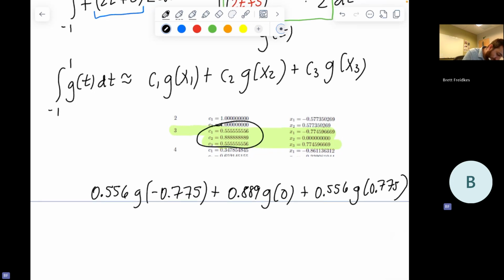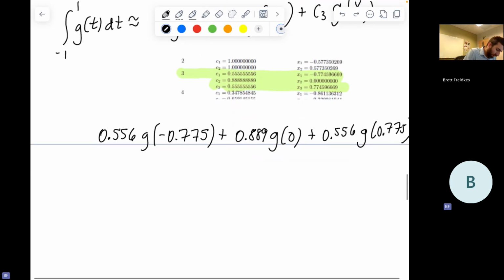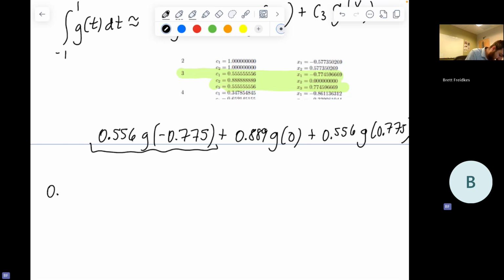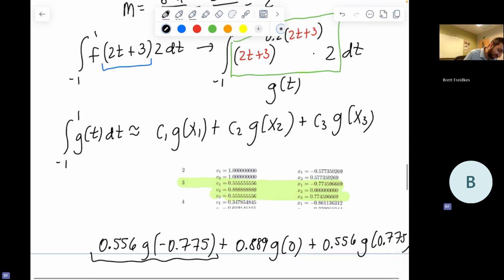Again, that is just coming from these values here for 3-point quadrature. Just to show an example, I'm going to calculate one of these. It's going to be 0.556 times g of negative 0.775.